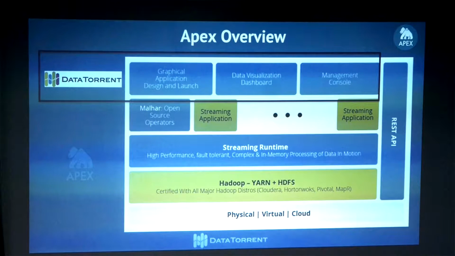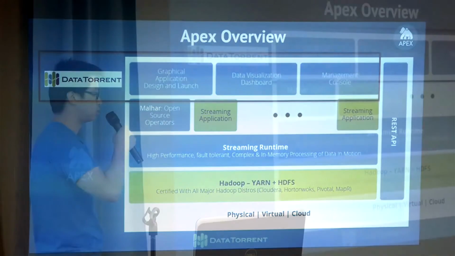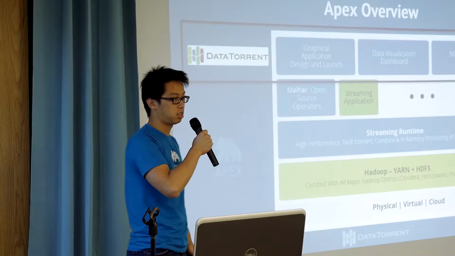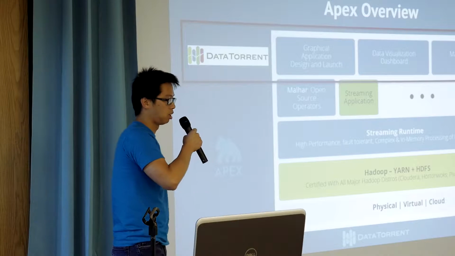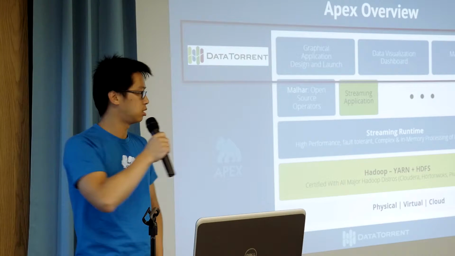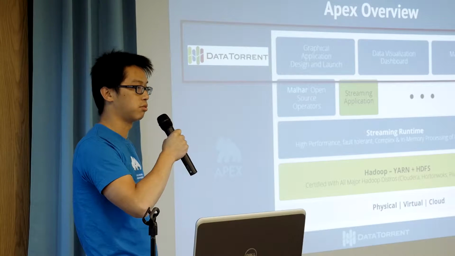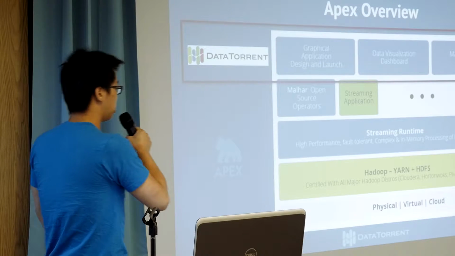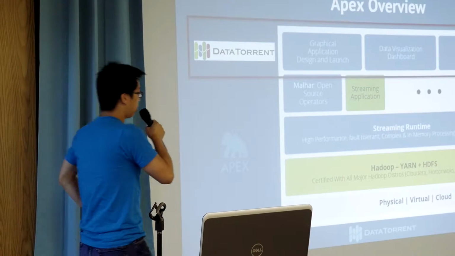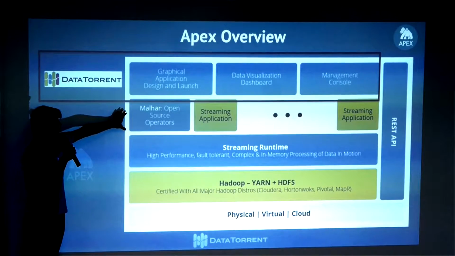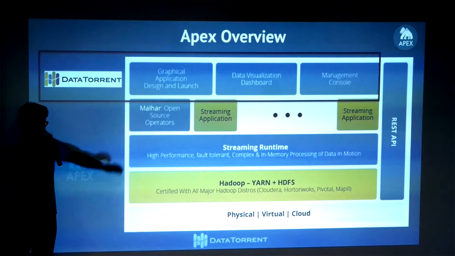We use Yarn as the resource manager to get resources from the cluster, and HDFS is used by default for saving the state of all the operators, like intermediate state of all the jobs, to make the job fault tolerant.